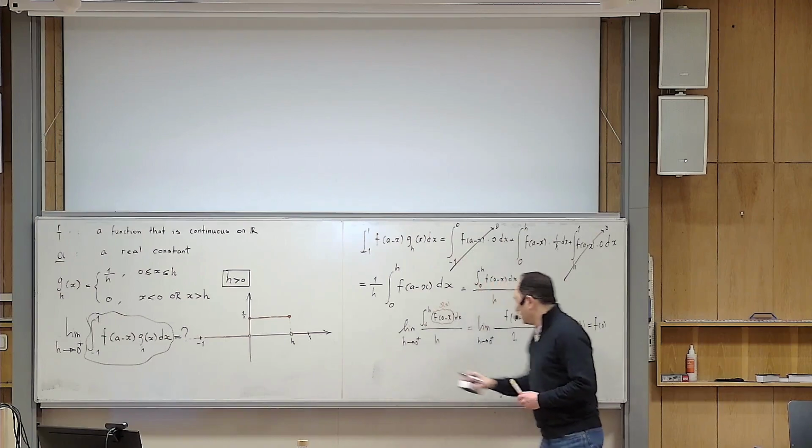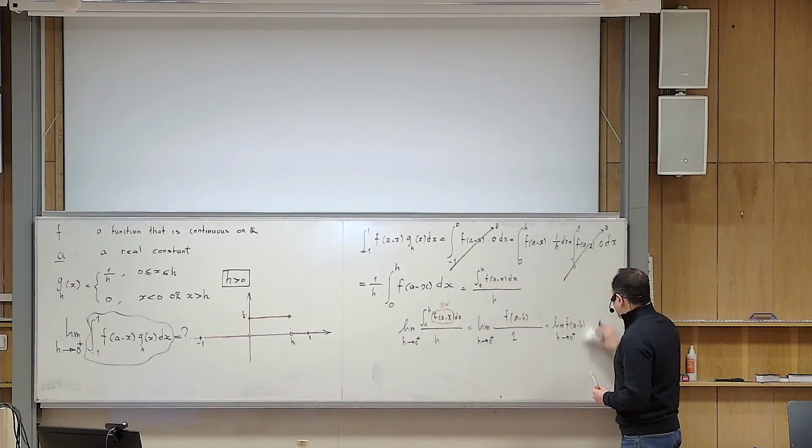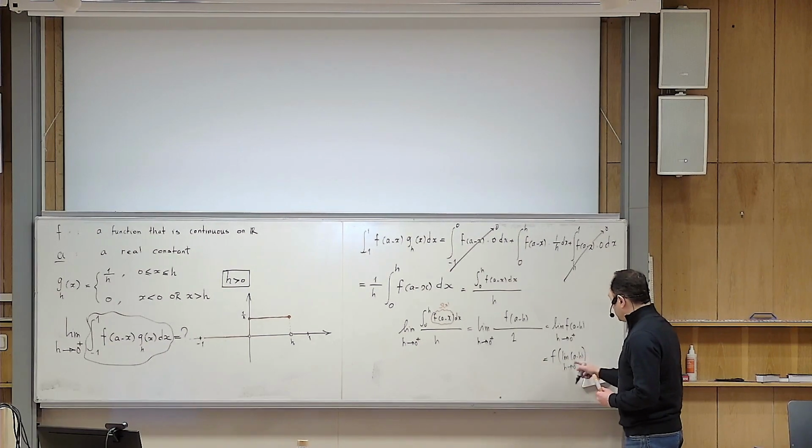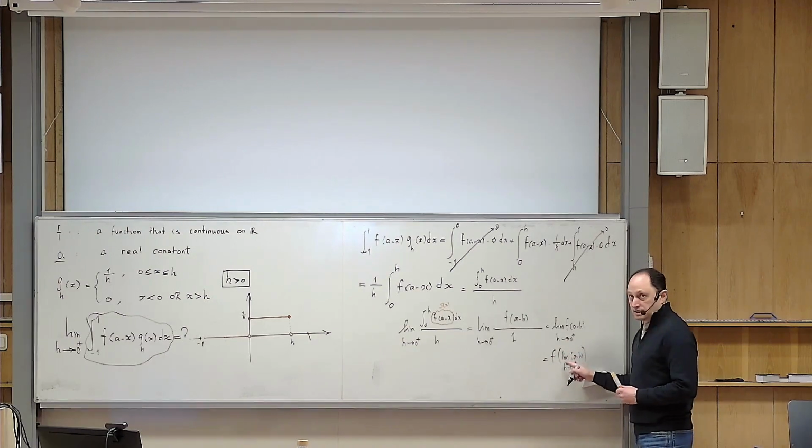So let me just clean it. I would say that I want to bring this f out and then send the limit in. This is not always possible, but it is possible if the limit of this exists and the outer function is continuous at the answer of this limit.